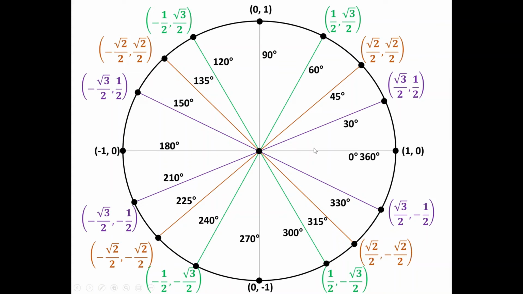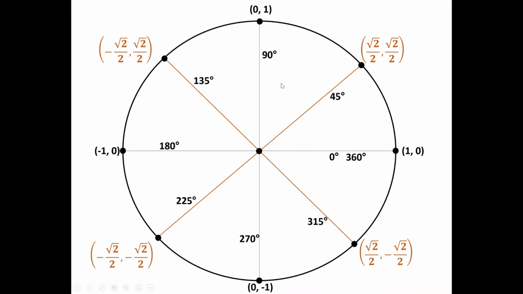We've broken down our degree measures in increments of 45 degrees, and increments of 30 degrees. And then I've shown you how we get all of these ordered pairs. We first looked at the 45, 45, 90 triangles, and then we looked at the 30, 60, 90 triangles. And I've got it color coordinated so you can see how the ordered pairs are related.